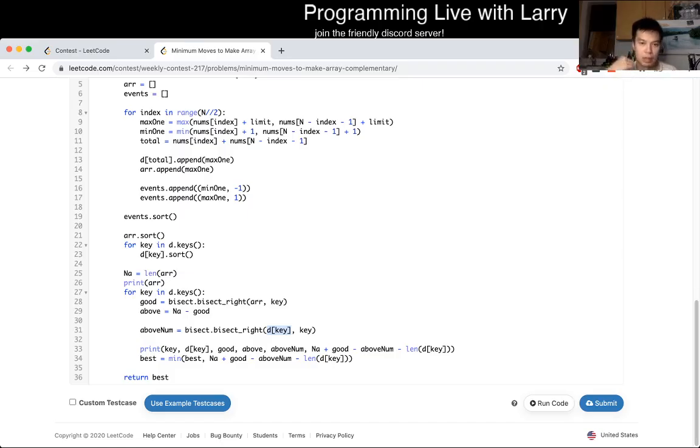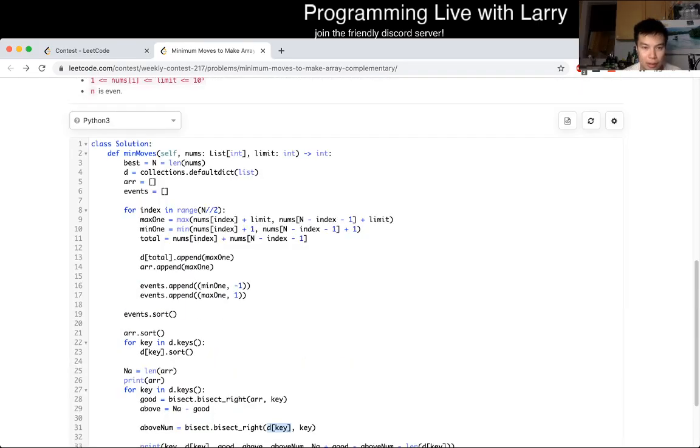That's dumb. Why did I do it this way? So actually I just need this to be an int.